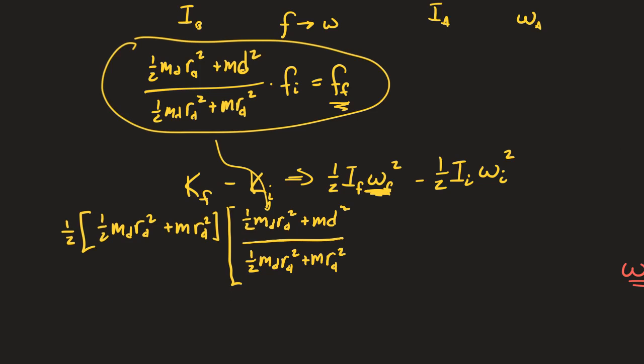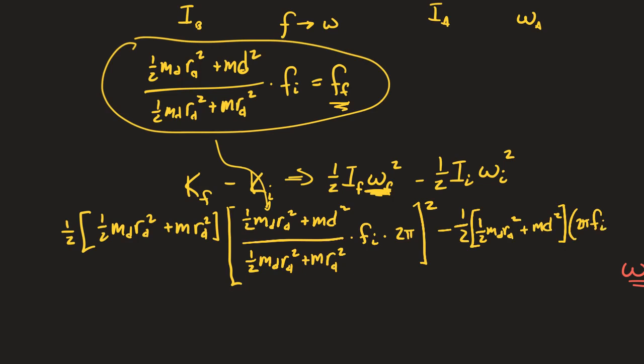There's all that times f final times 2 pi squared. Minus 1/2 times 1/2 mass of the disk, R for the disk squared, plus mass of the bug, distance squared, times 2 pi times f initial squared.